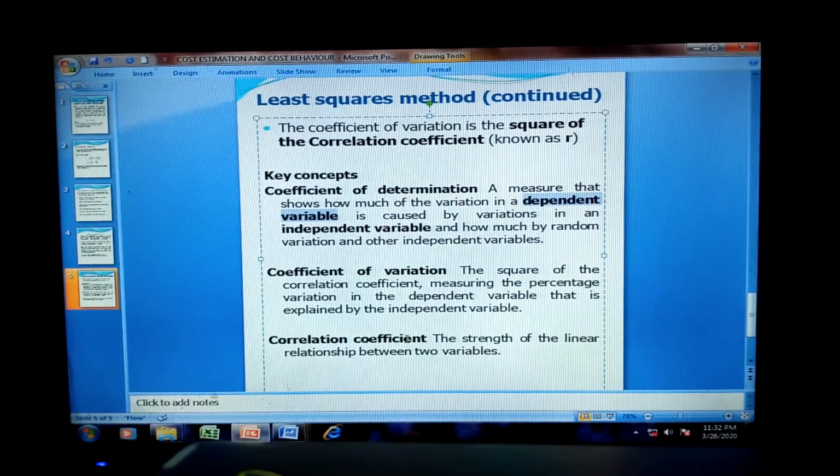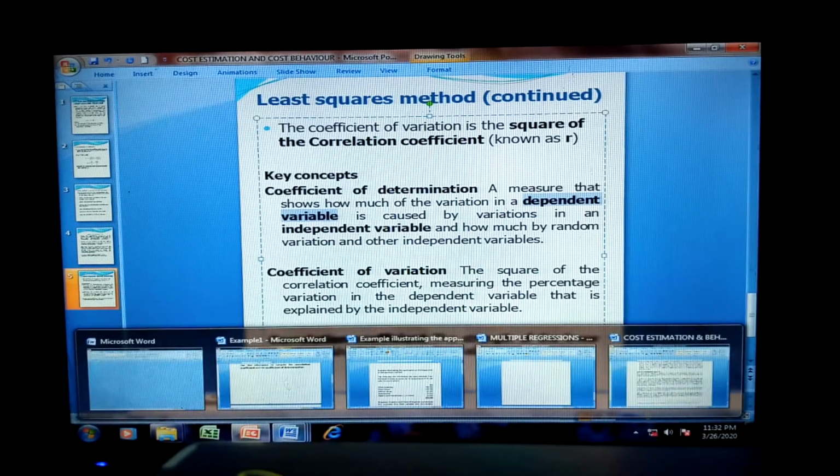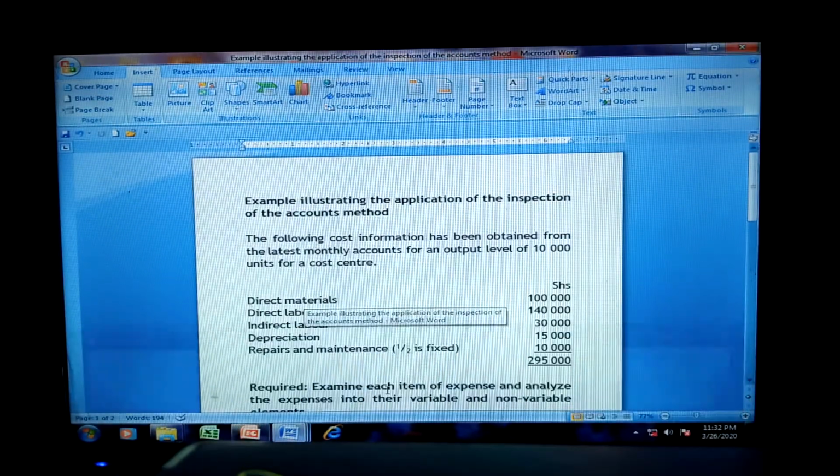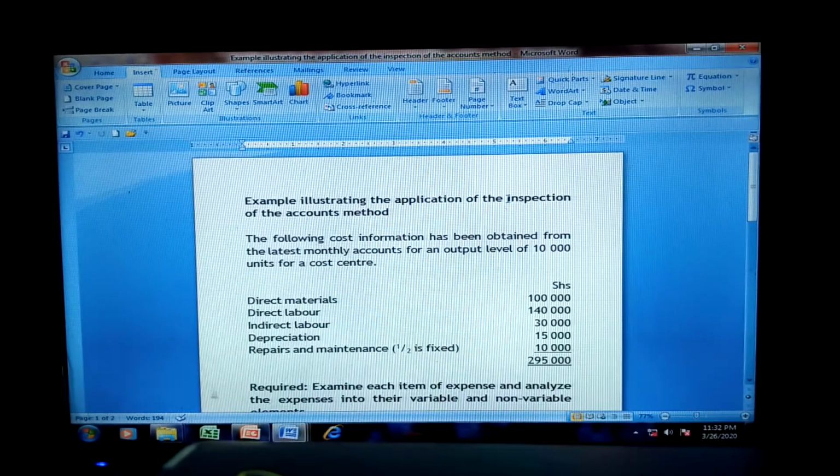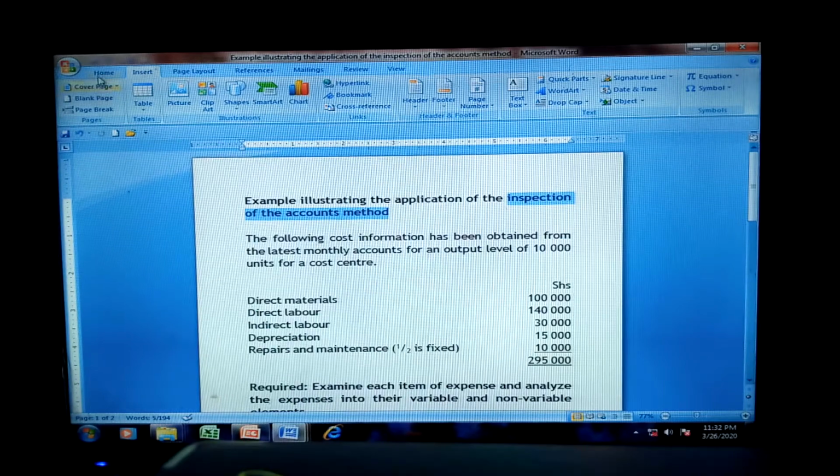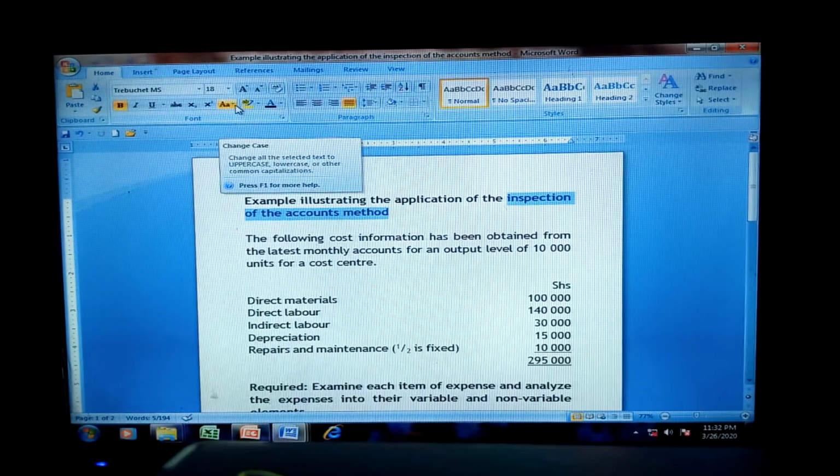Now in our next session, of course, I'm going to do some worked examples, and we see how we can use all these approaches to estimate and predict costs. Our first approach, we are going to first have a look at the inspection of the accounts method, and we see how we can apply the inspection of the accounts method to predict costs.